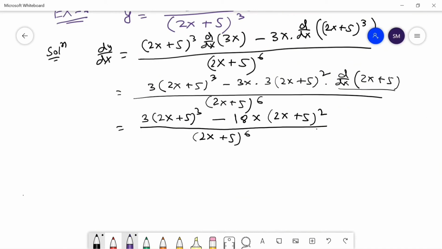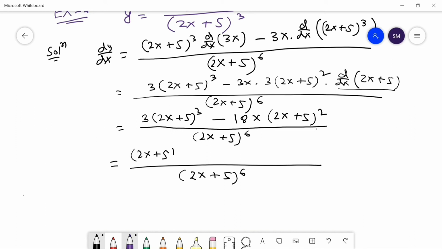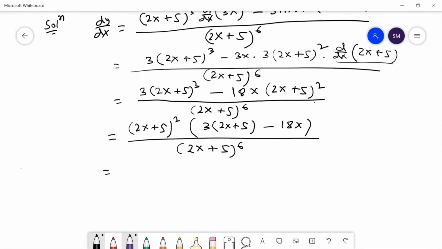Now this 2x plus 5 we can take common, 2x plus 5 to the power 6, then we'll have 2x plus 5 all square, 3 into 2x plus 5 minus 18. So this is for the simplification, the power will cancel out.